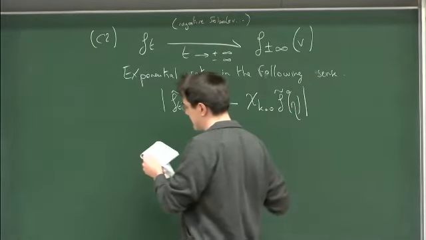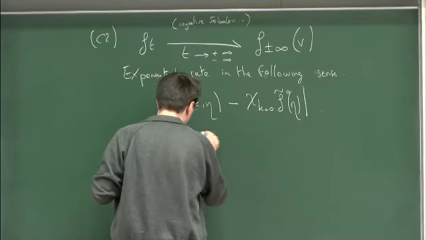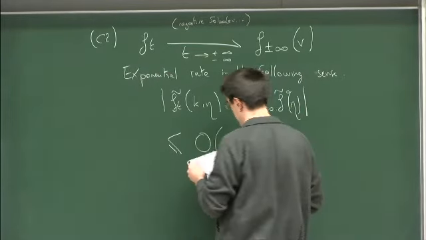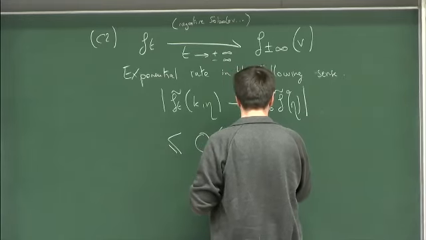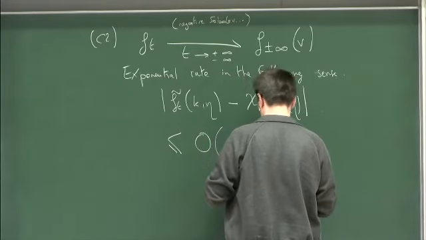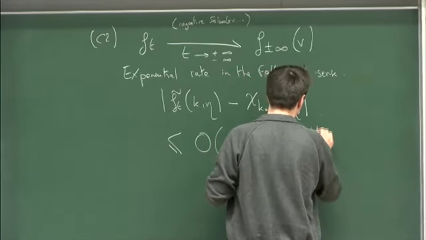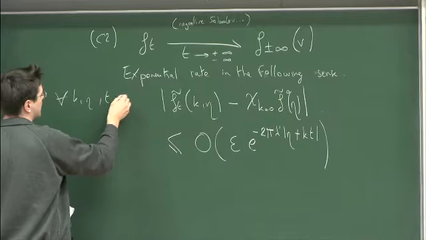And for any mode, this is controlled by O of epsilon, still the smallness parameter, exponential minus 2 pi lambda prime (eta plus kt). And this is valid for any k, eta, and t in R.